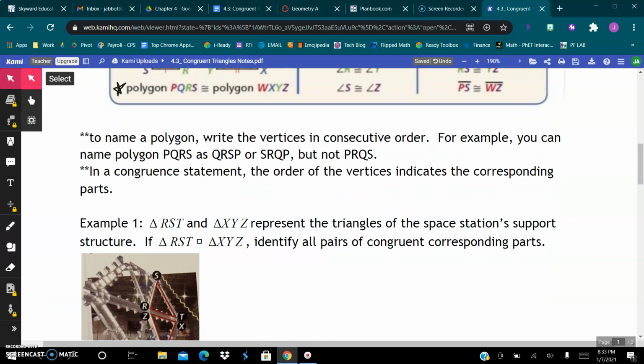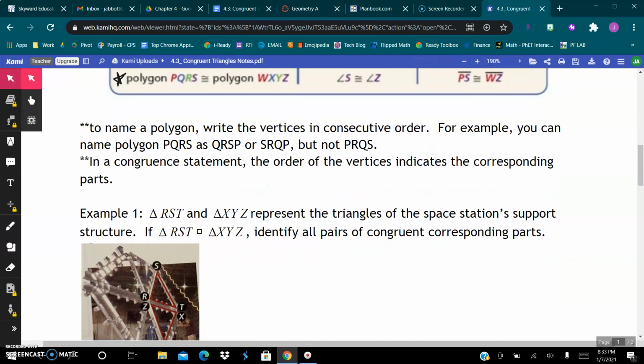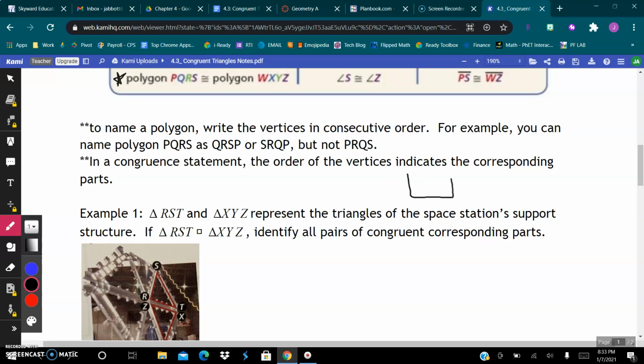All right, moving on. To name a polygon, you can write the vertices in consecutive order. So that is moving yourself around the polygon. So if I were to draw a polygon named PQRS, I can go around this way and name it.